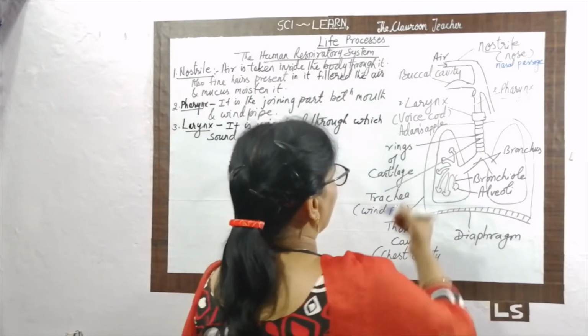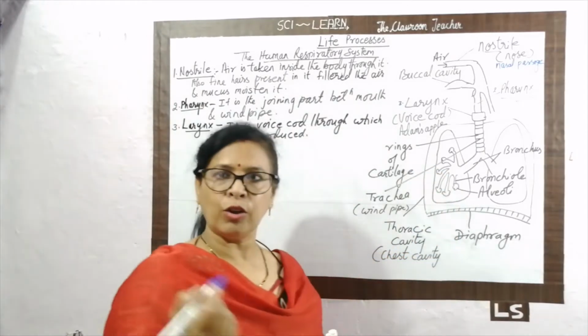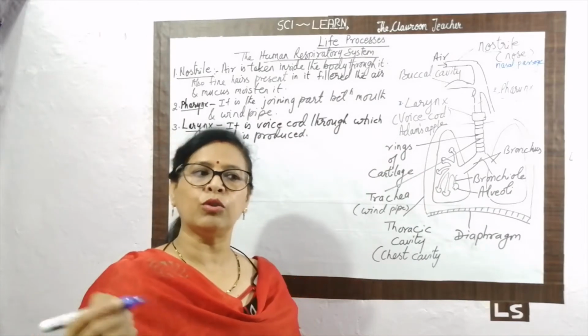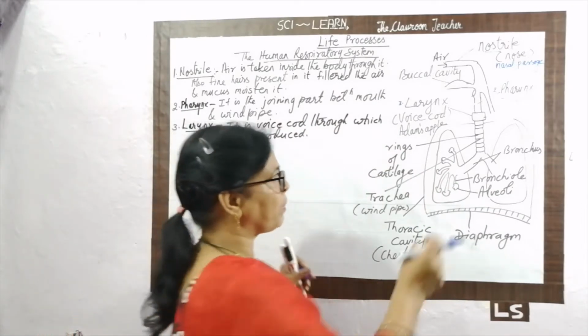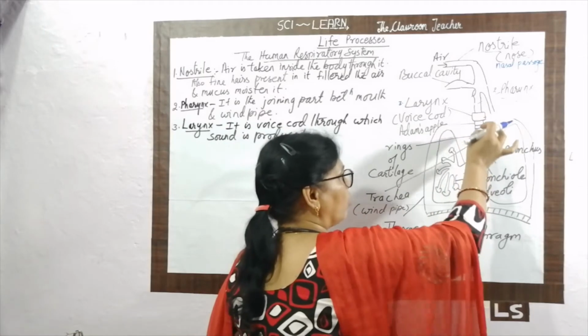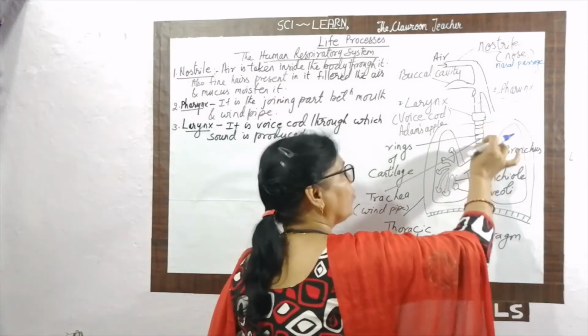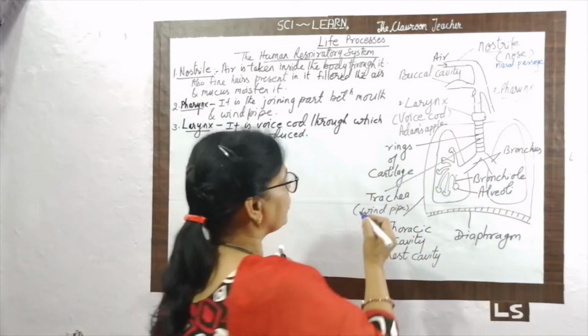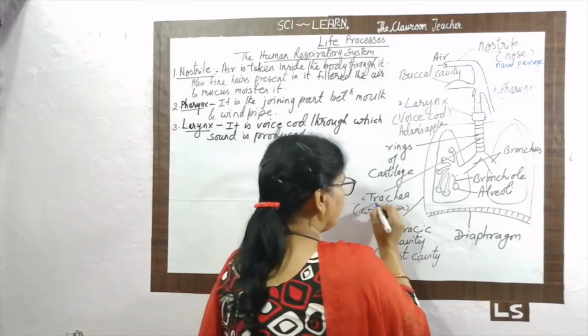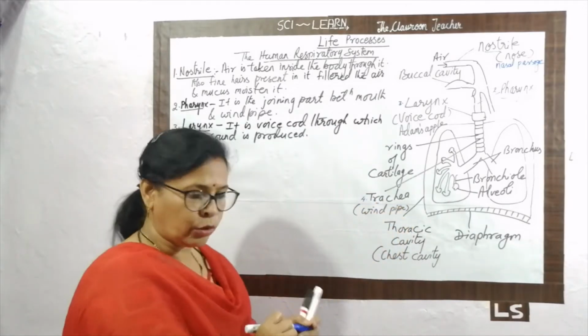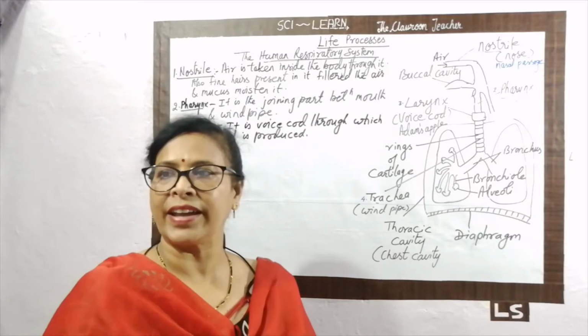Rings of cartilage are present over the trachea. The trachea is the pipe present inside, and over the trachea, some rings of cartilage are present. Suppose we talk about the trachea first, then we move towards the rings of cartilage. What is the trachea?